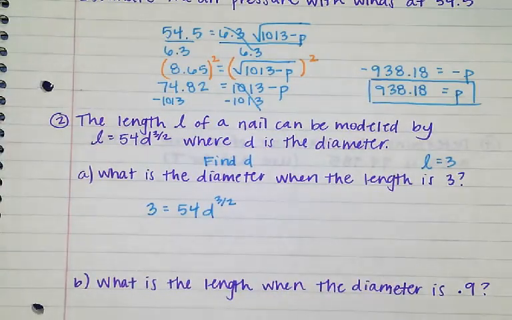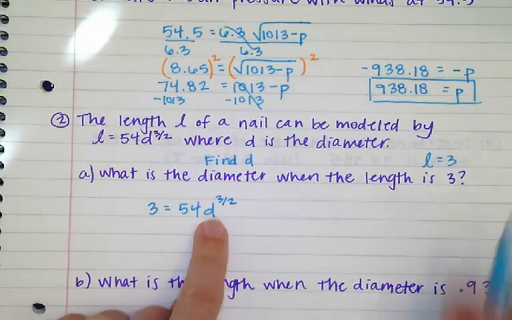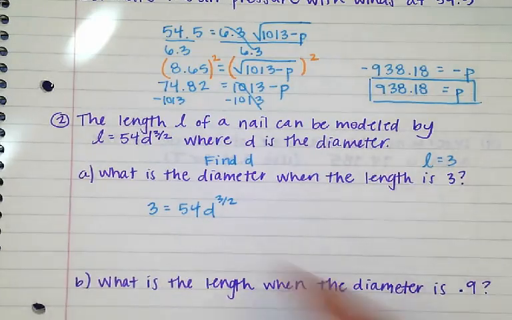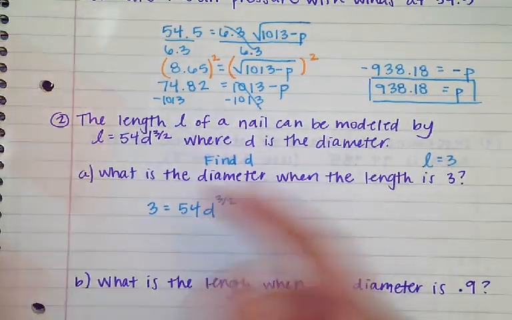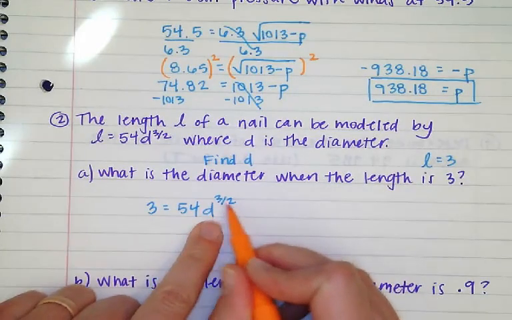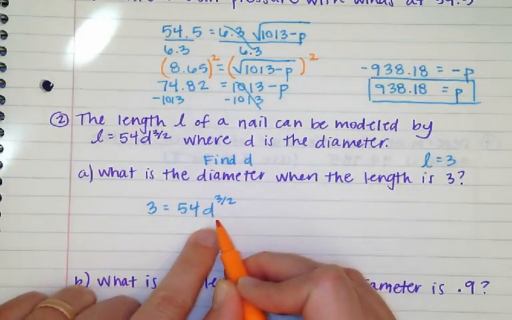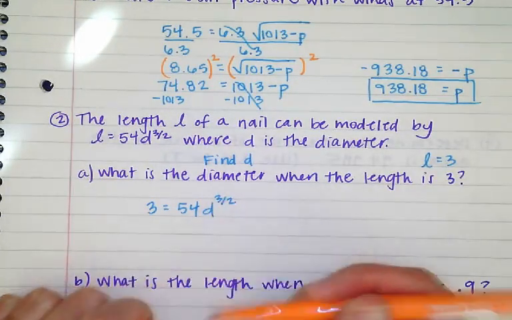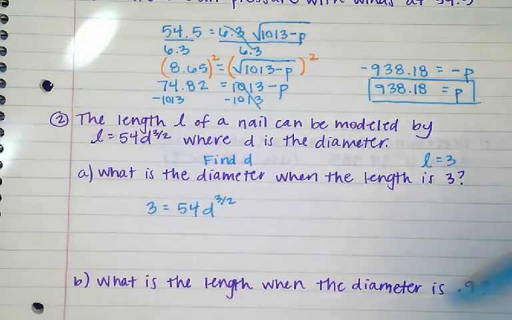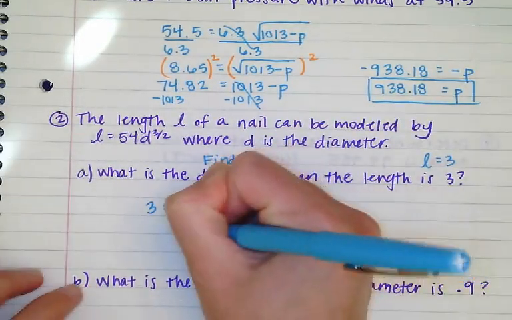Okay, and then we're trying to solve for d, the diameter. So I have to make sure I get that the variable d that has the 3 halves power isolated before I cancel the power. So just like on the last one, we're going to divide first.